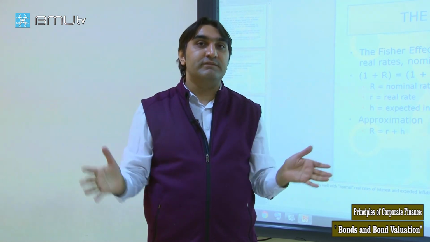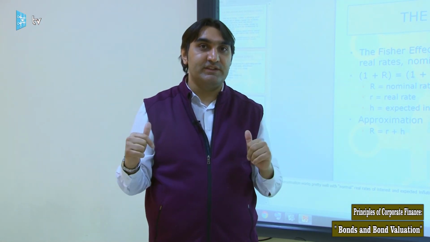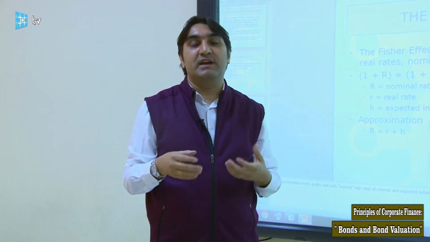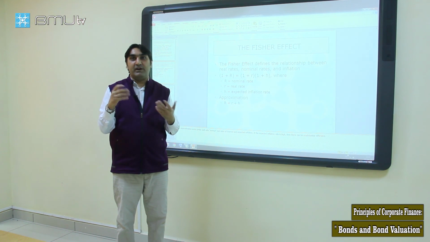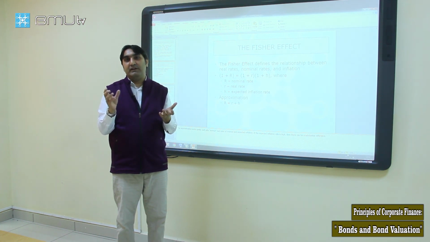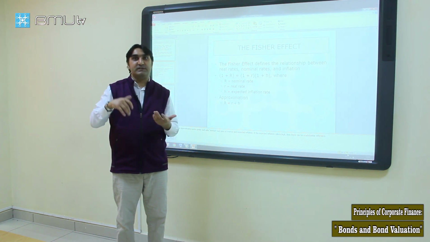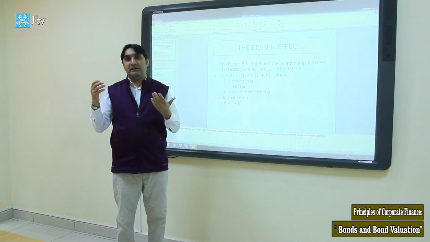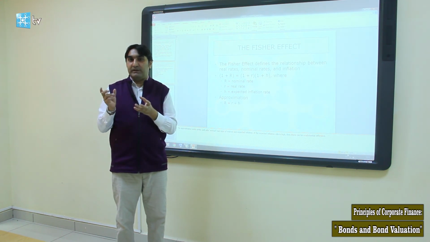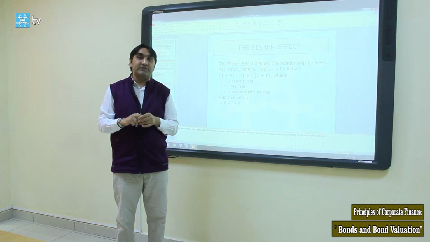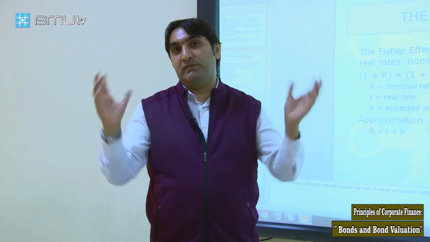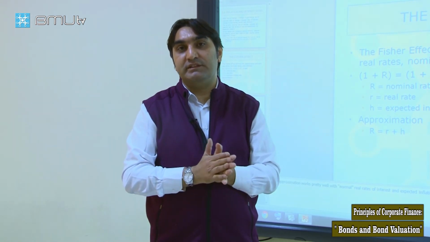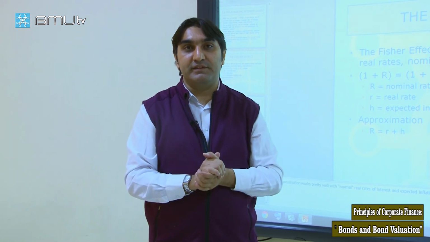So the present value of all these cash flows at the yield to maturity market rate gives us the price of a bond. Yield to maturity, this rate is important. It's the market rate plus premiums due to risk, default risk, liquidity, and other premiums added on that rate. We get the yield to maturity and, finding the present value of all these cash flows, we get the price of a bond.